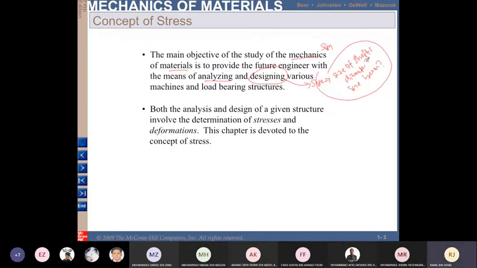And then the second is that both the analysis and design of a given structure involve the determination of stress and deformation. Deformation is the change of the structure. That is the meaning of deformation.